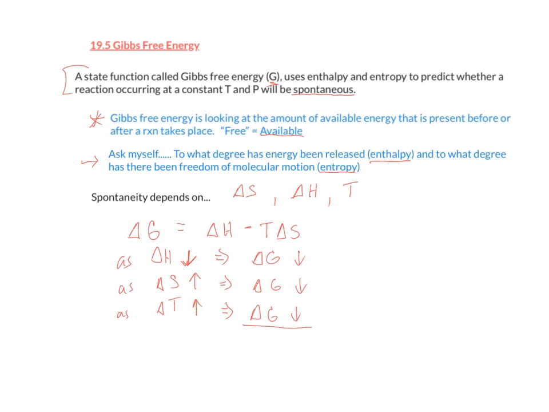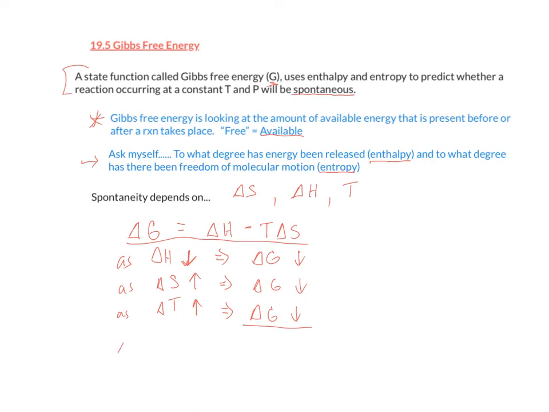And that's because one major highlight of looking at delta G is looking at the numerical value, because this is an equation. We're going to be calculating some things, and the numerical answer is really important.